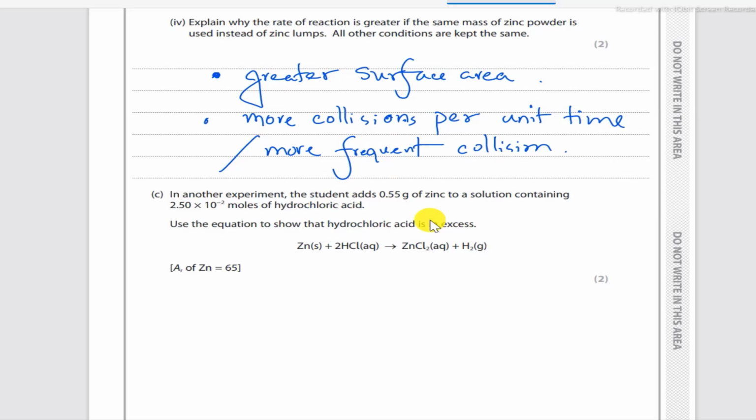In another experiment, the student adds 0.55 gram of zinc to a solution containing 2.50 × 10^-2 moles of hydrochloric acid. Use the equation to show that the hydrochloric acid is in excess.